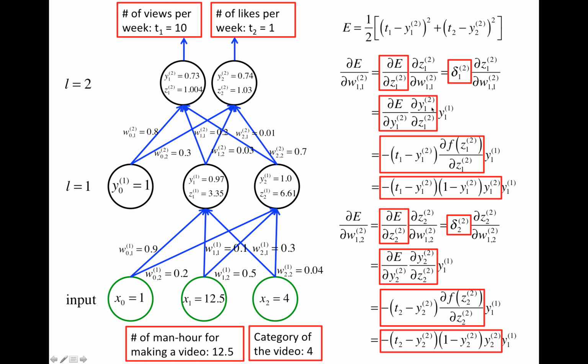If we look at the red boxes, here we introduced the definition of delta 21. Inside of this red box, we have obtained an explicit expression for delta 21. And the whole thing, including this y11 outside of the red box, is the expression for the derivative of the error with respect to w211.